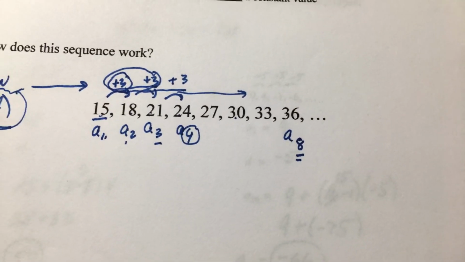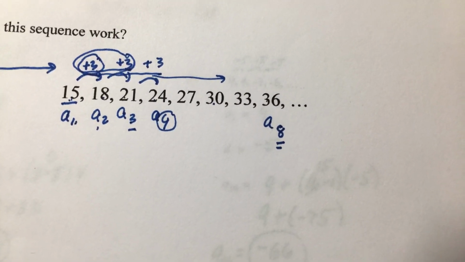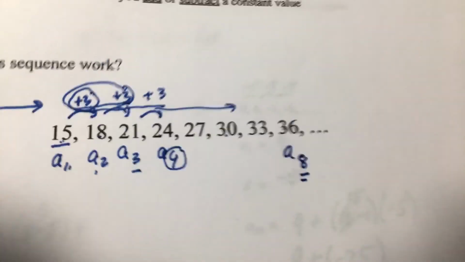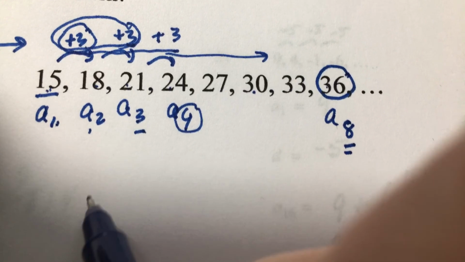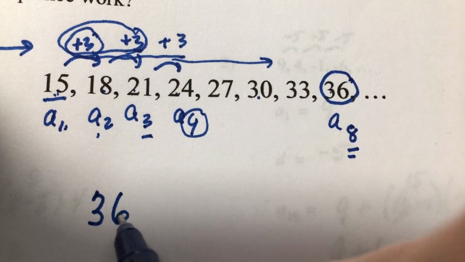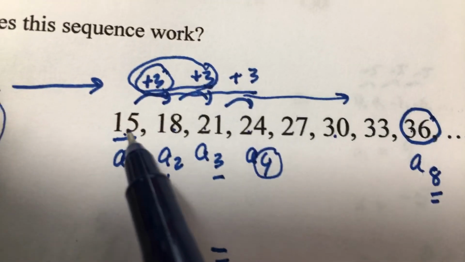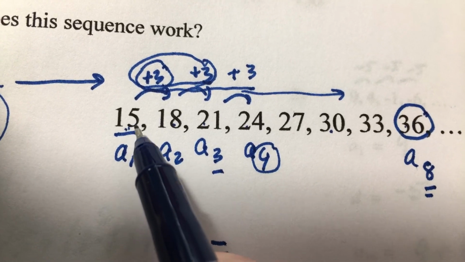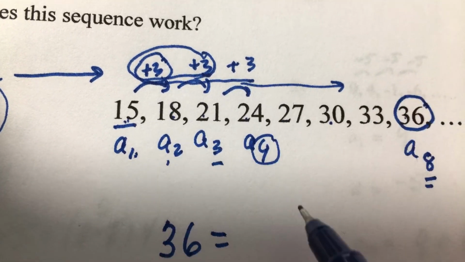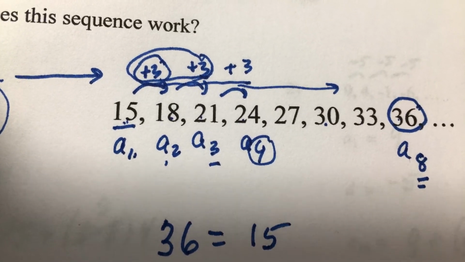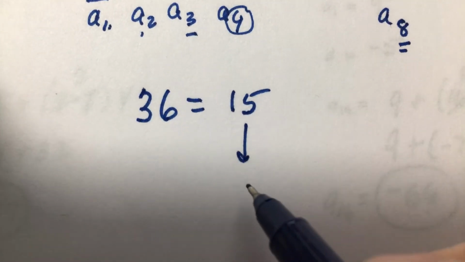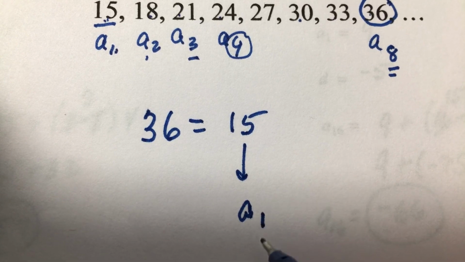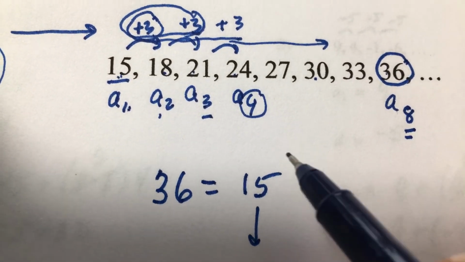So I think of it kind of like, and I said in the video, it's like you're giving directions. So let's just play a little game here. Ask ourselves, how did we get to 36 in this list? Well, anytime you give directions, you have to know where you're starting. So we would start at the first number, 15. So this 15 is our first number, and the symbol for that would be a sub 1.